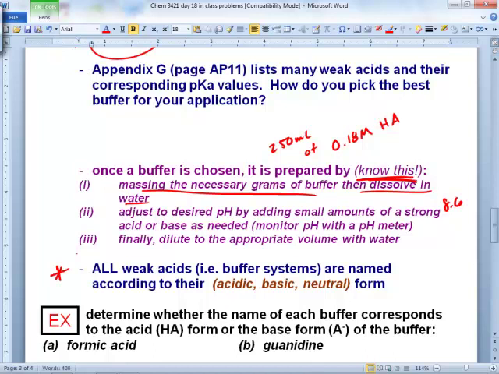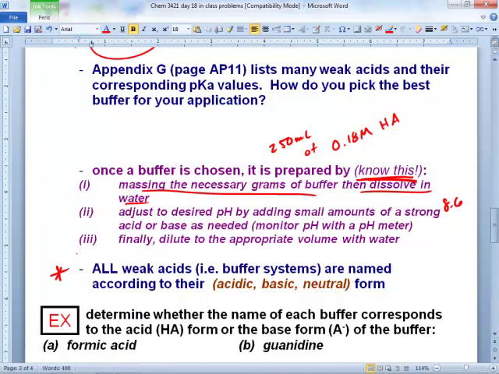You have all these buffer systems. That means there's a conjugate acid and a conjugate base form. And you're supposed to name them. If you give any name to a buffer, you're referring to its acidic, basic, or neutral form. What's your guess? Neutral.